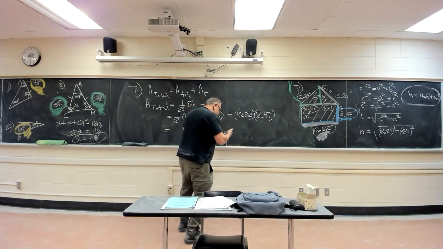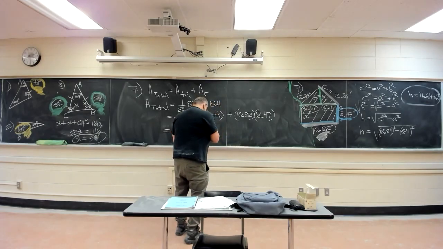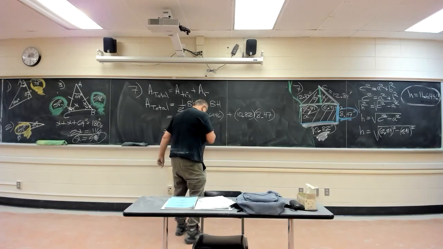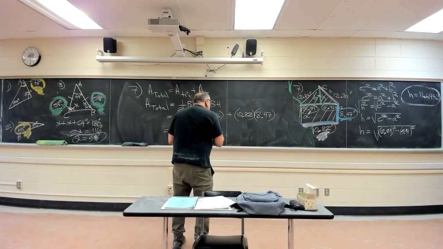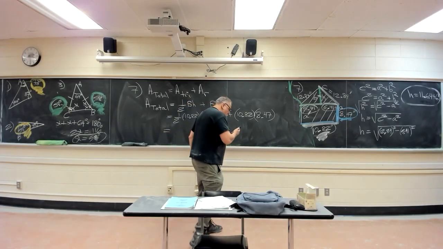I'm going to leave it like that, pretty far out like that, times 10.82 times 1/2, which is 0.5, equals this, plus 10.82 times 8.47. 154.6428.